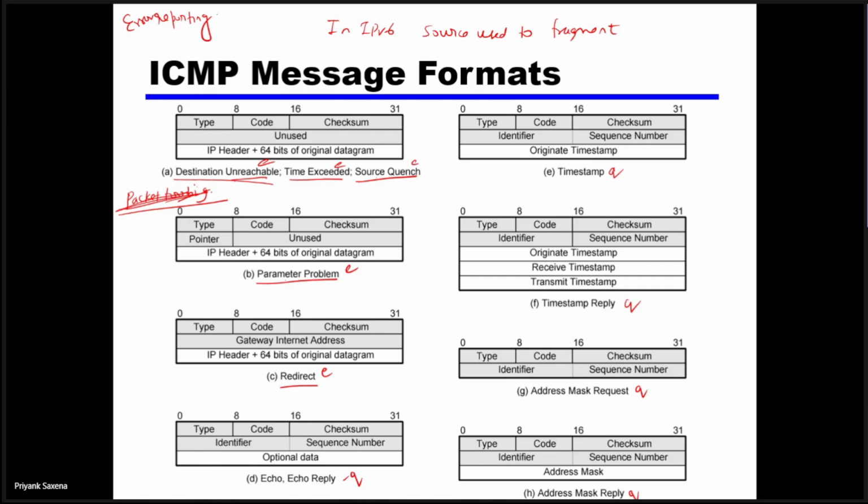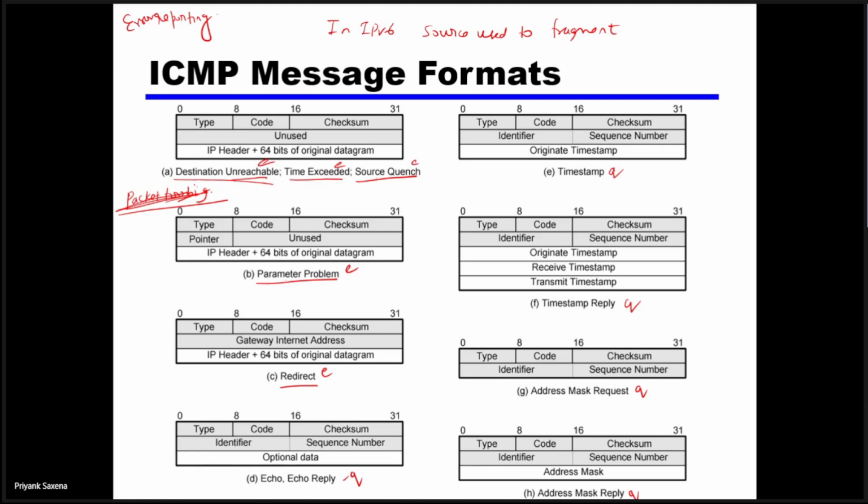We just now discussed a choke packet. The source quench message is also the same; it performs the same job. Whenever the rate of fragments generated by the source overwhelms the router, the router sends a source quench message towards the source asking it to slow down.